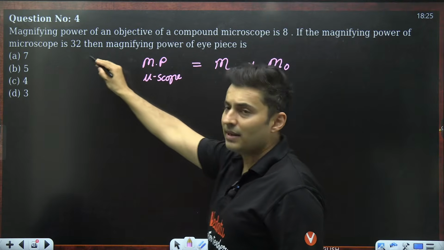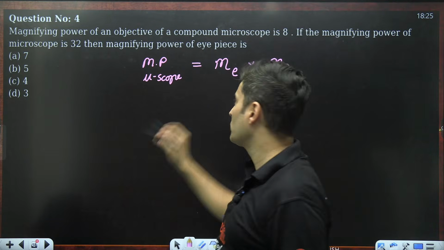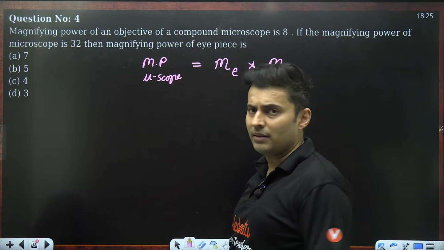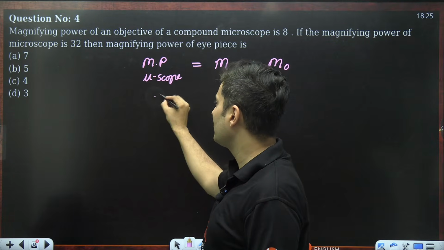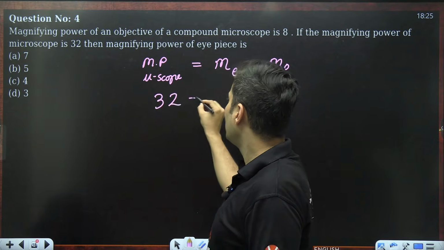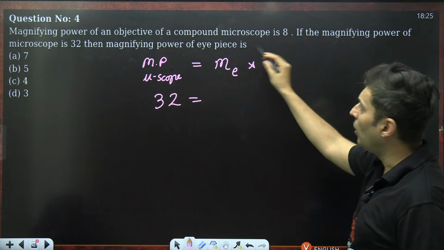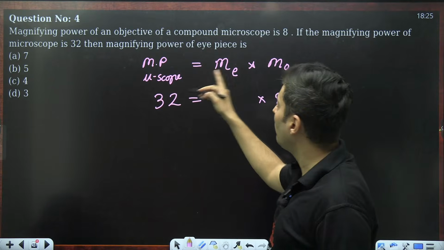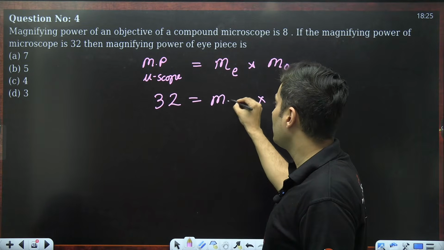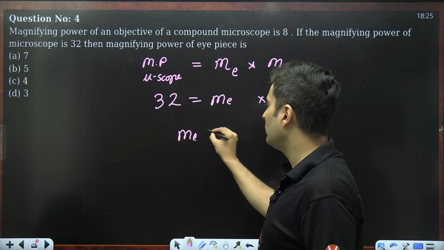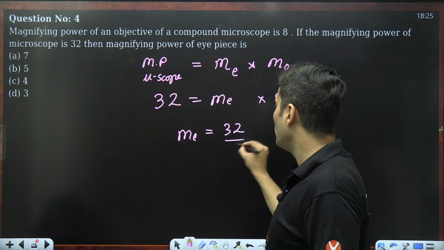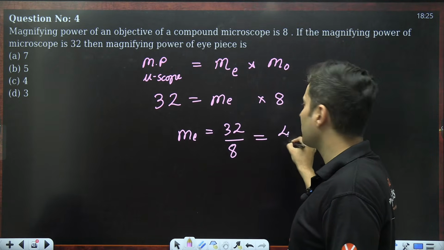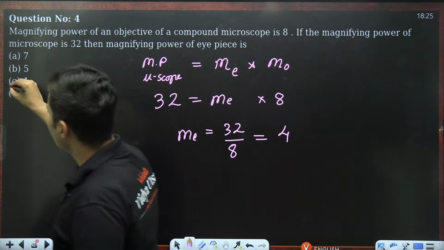This is given as 32 and the magnification of the objective is 8. Only the magnifying power of the eyepiece is asked. So naturally, it will be 32 divided by 8, which is 4. Again, C for Captain Shreyas.